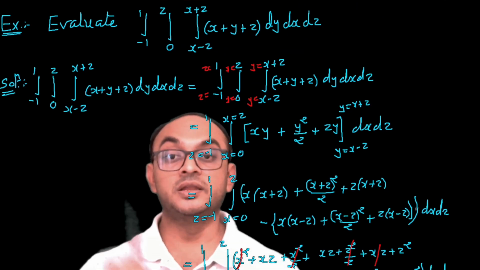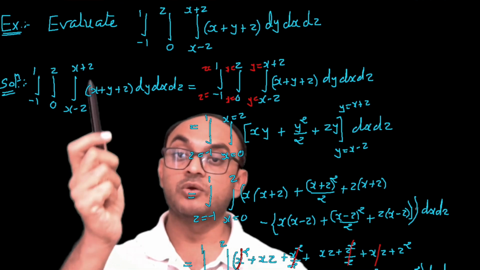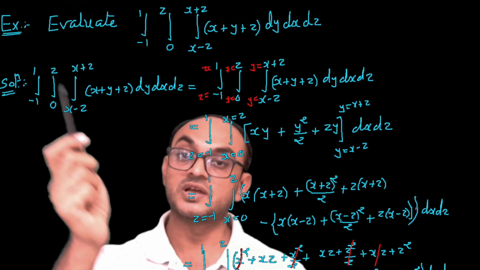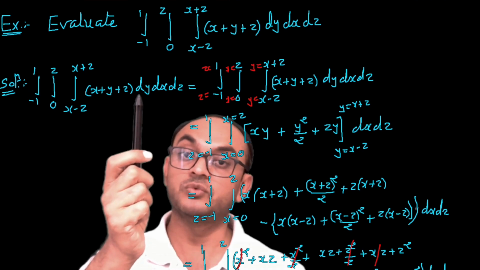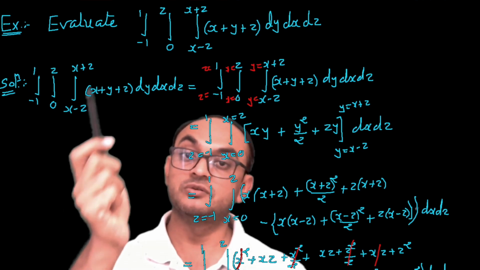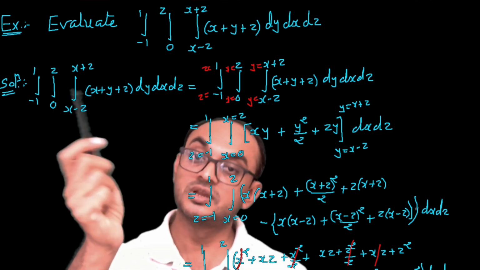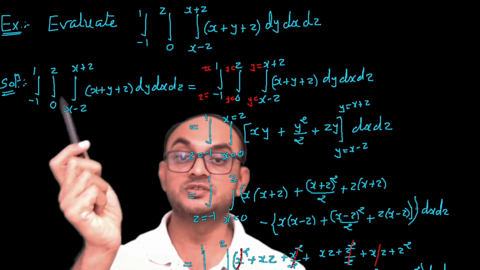I repeat again, in this example, the inner limit is of y, the middle limit is of x, and the outer limit is of z. So first we integrate the quantity with respect to y and substitute these limits. Then we integrate with respect to x and substitute the limit, and then we integrate with respect to z.